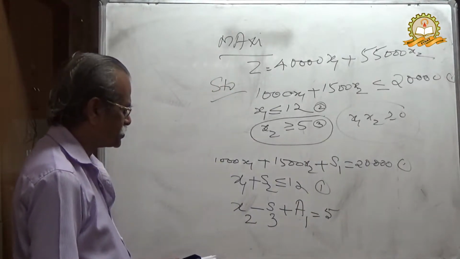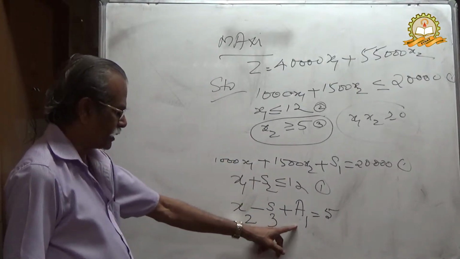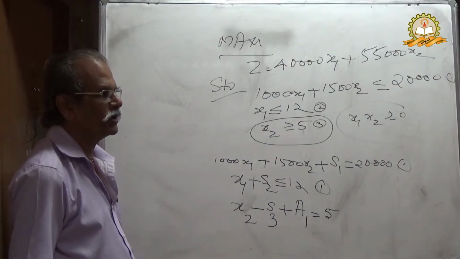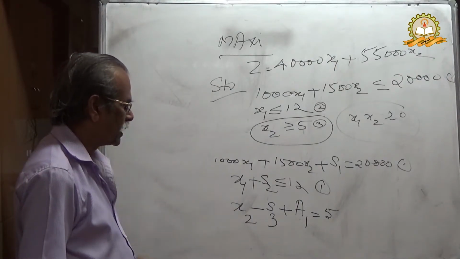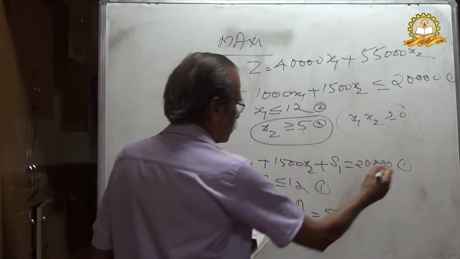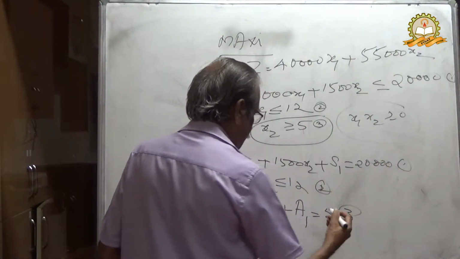We subtract s3 and add a1, equal to 5. a1 is called the artificial variable. This is equation number 1, number 2, number 3.